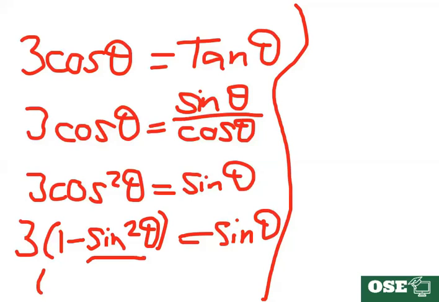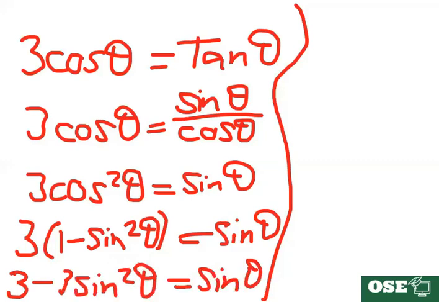Let's do it your way and see. Let's first remove the bracket by multiplying by 3. So we're going to have 3 minus 3 sine squared theta is equal to sine theta. And then we separate sine theta both sides.